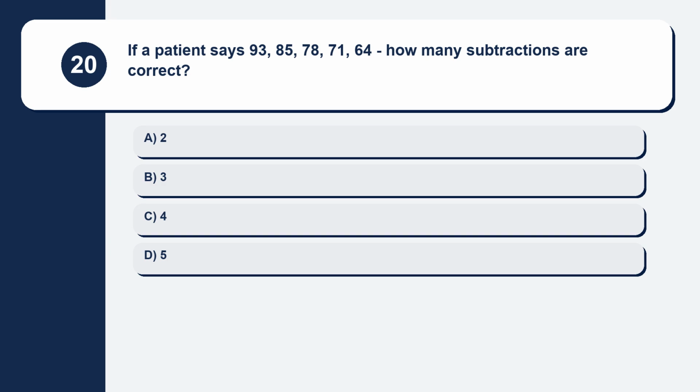Question 20. If a patient says 93, 85, 78, 71, 64, how many subtractions are correct? 2, 3, 4, 5.